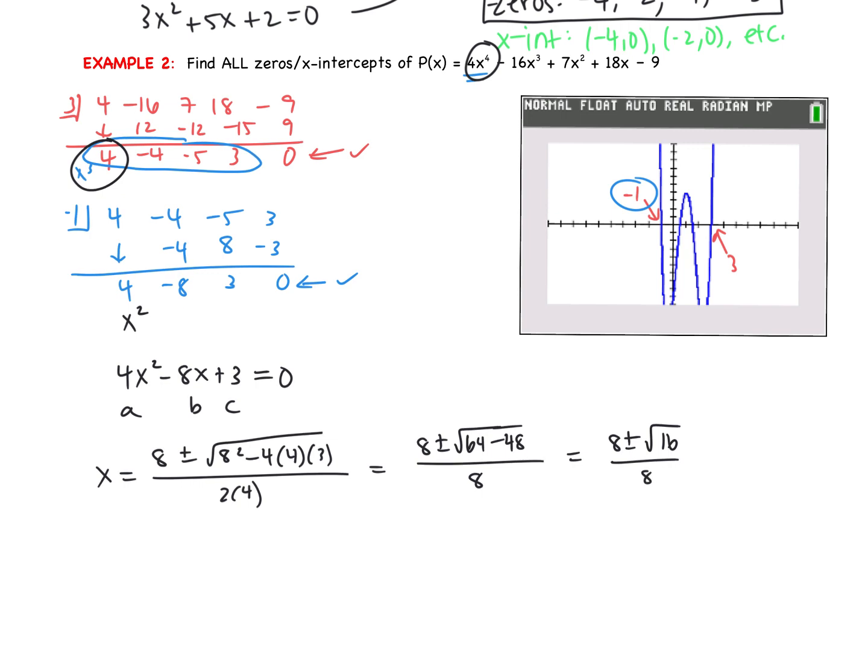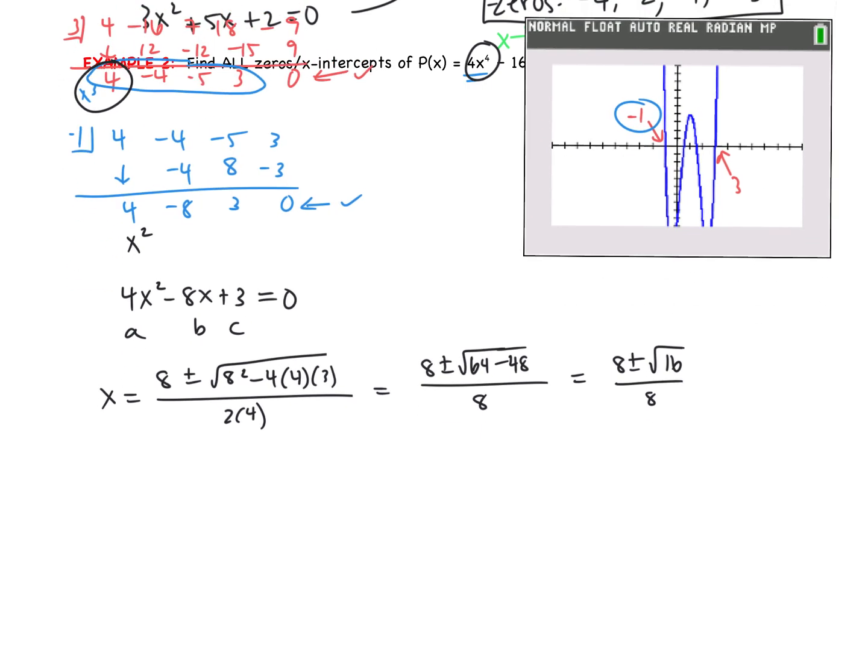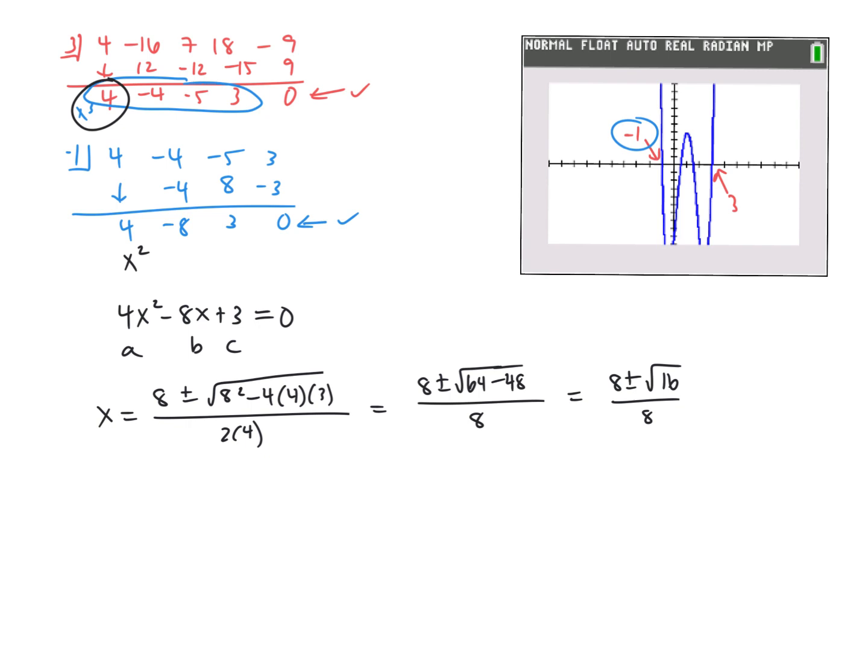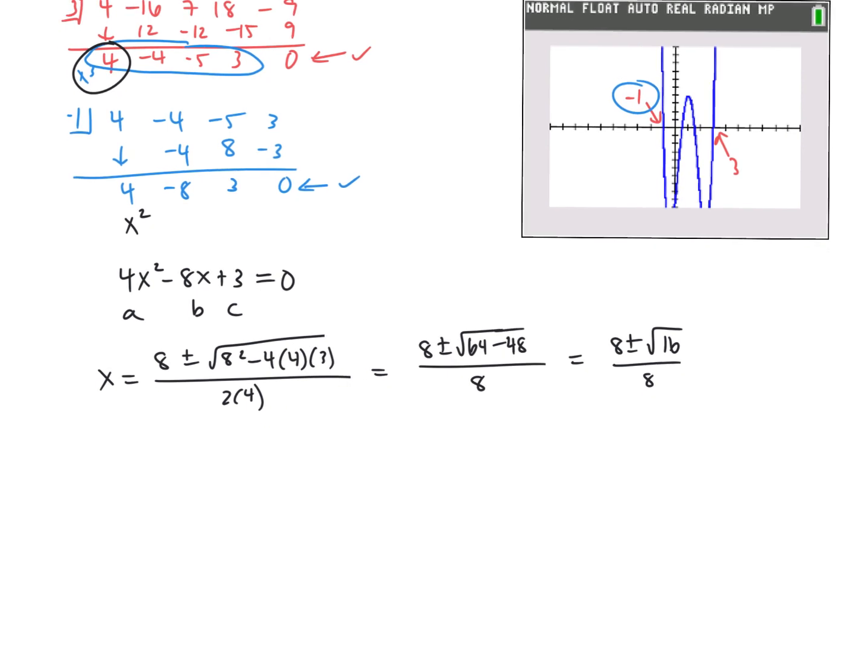At this point, can I just go ahead and divide everything by 8? No. What do I have to do first? Simplify the radical. So this is going to be 8 plus or minus 4 over 8. So we get 8 add 4 over 8, and 8 subtract 4 over 8.